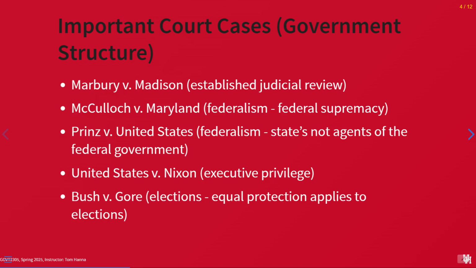So the Bush-Cheney campaign claimed that this was an equal protection violation. The Supreme Court agreed and said that equal protection applies to elections. They ruled in favor of Bush and stopped the hand recounts in the 4 counties that Gore wanted. Gore conceded the election shortly afterwards, and Bush was elected president of the United States.